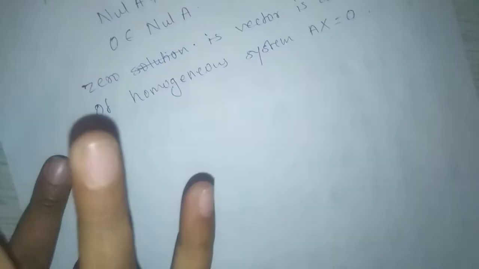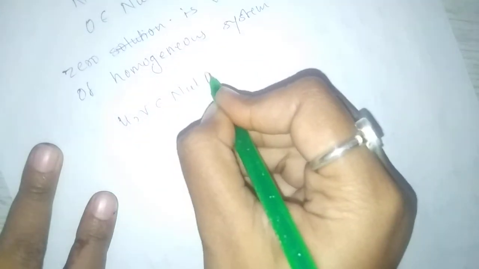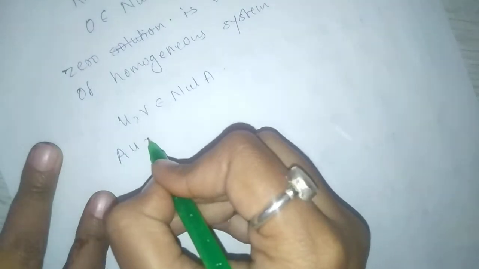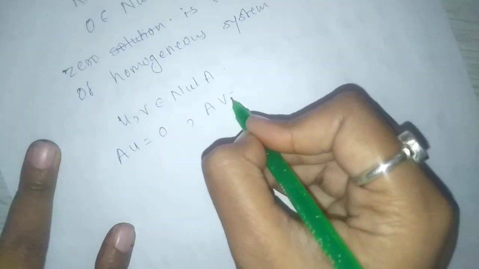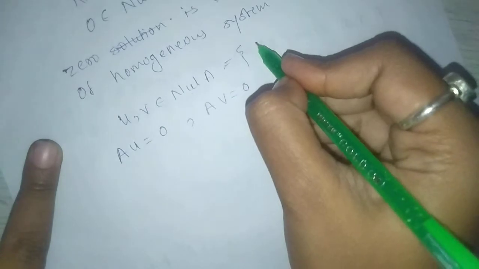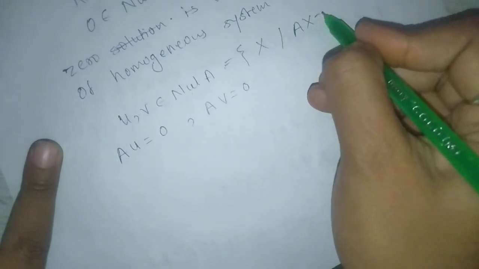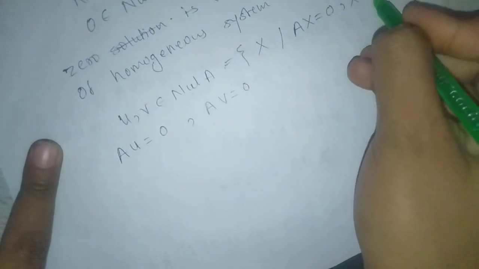Now take two elements of the null space of A. u, v belong to the null space of A, means A u equals 0, A v equals 0, because the null space of A is the set of x such that A x equals 0, x belongs to Rn.